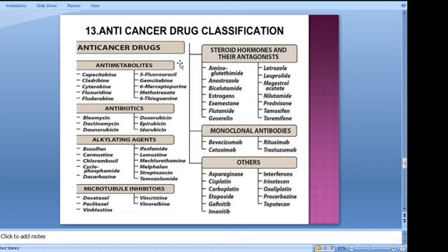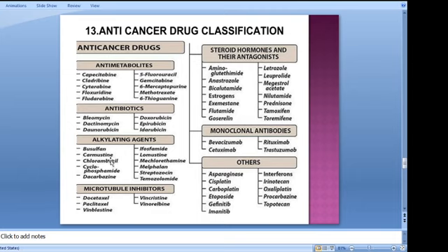In that, we have to study capecitabine, fluorouracil, mercaptopurine, methotrexate, and 6-thioguanine. These all come under antimetabolites. Then we can see antibiotics: bleomycin, doxorubicin, and dactinomycin. These are all the important antibiotics we have to discuss.